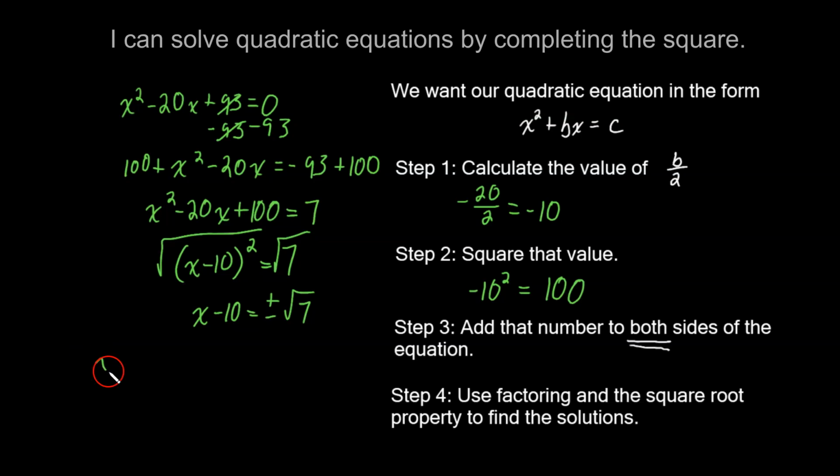So that would give us x minus 10 equals the negative square root of 7, or x minus 10 equals the positive square root of 7.